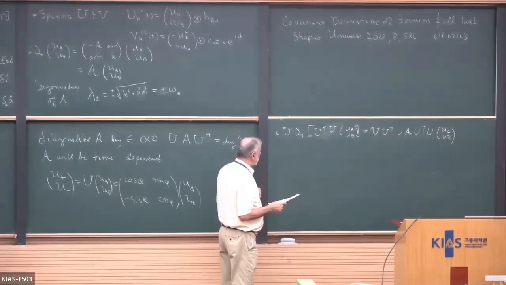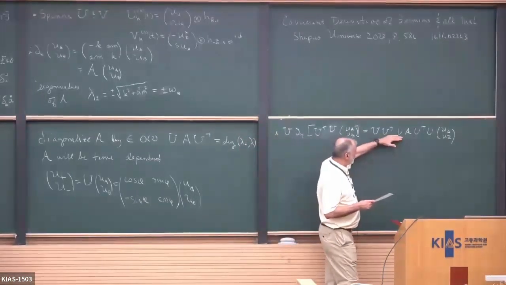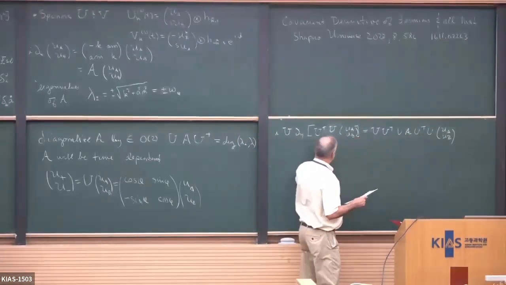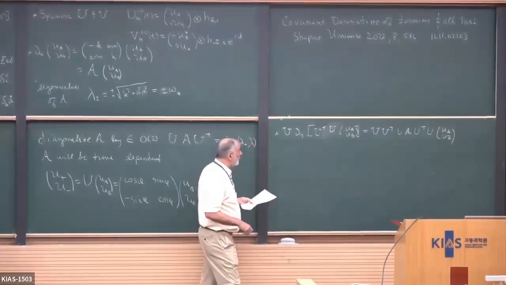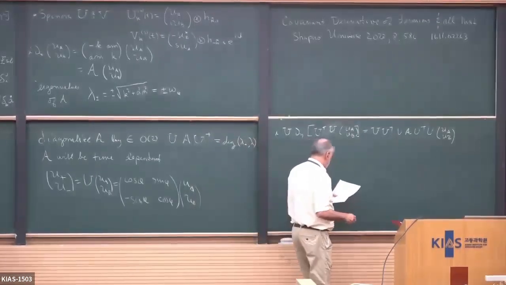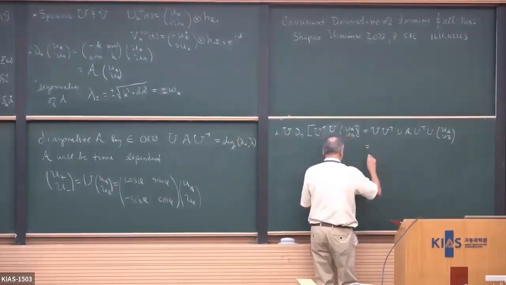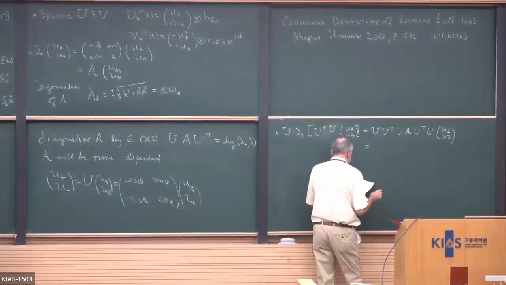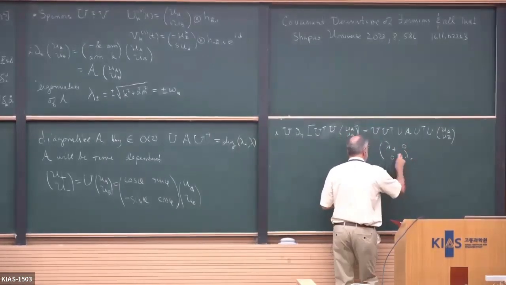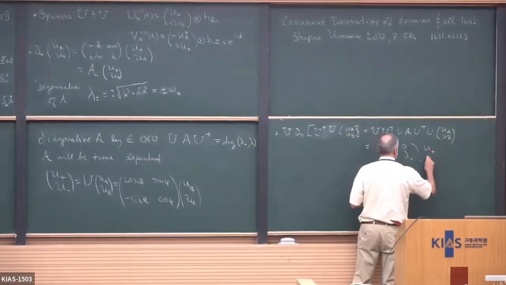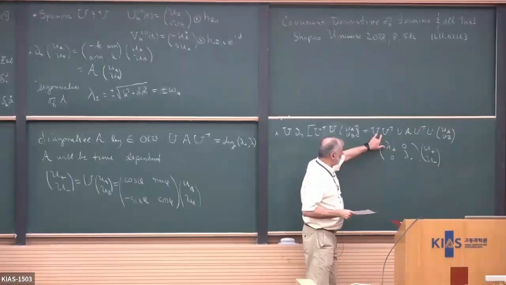So I've just multiplied by U and inserted the identity a couple of places. So the right-hand side, this is 1.